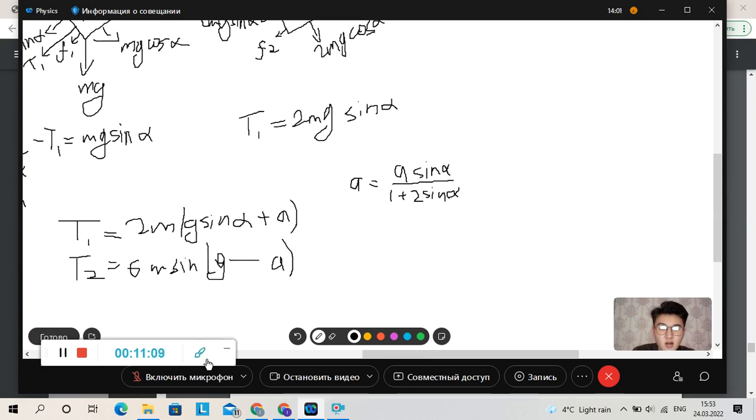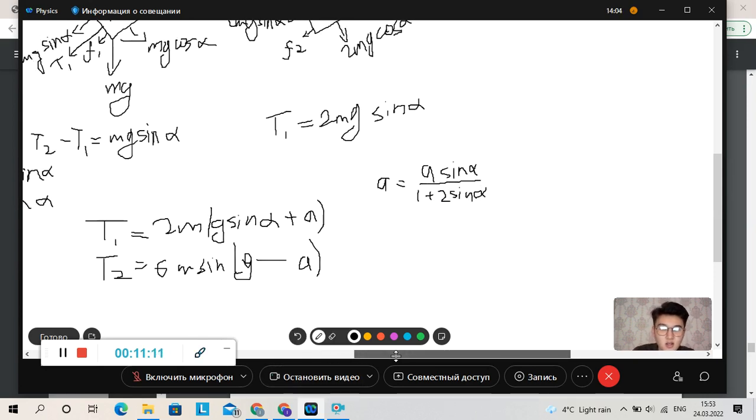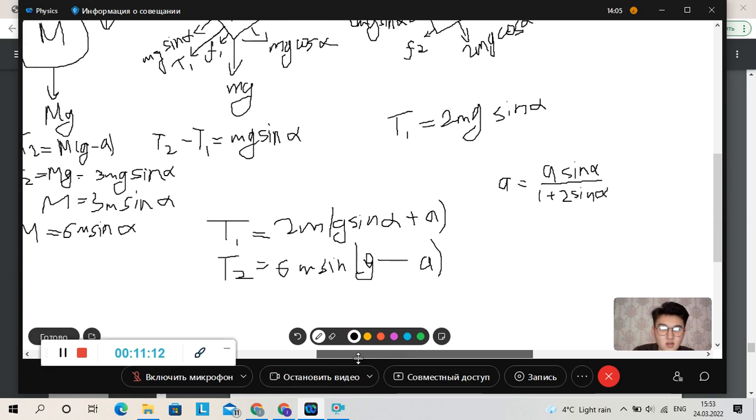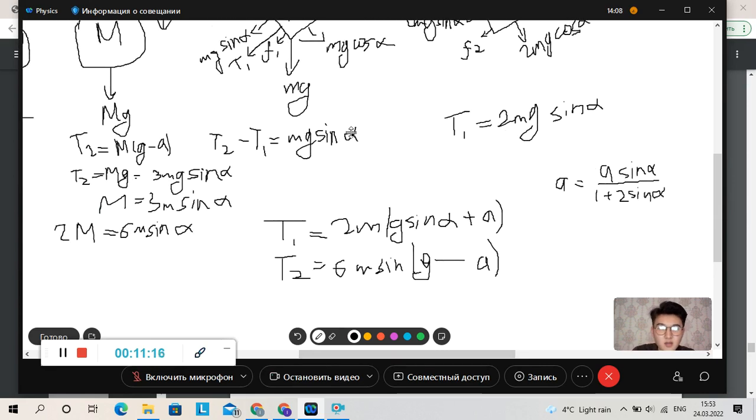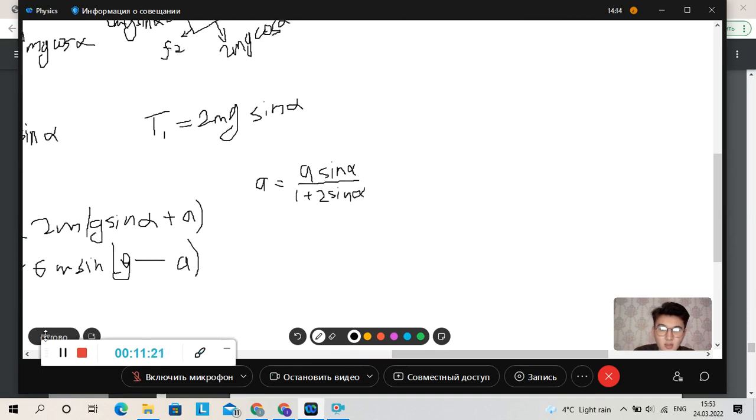Okay, this is our acceleration, and we just put to this part tension 1, tension 2.